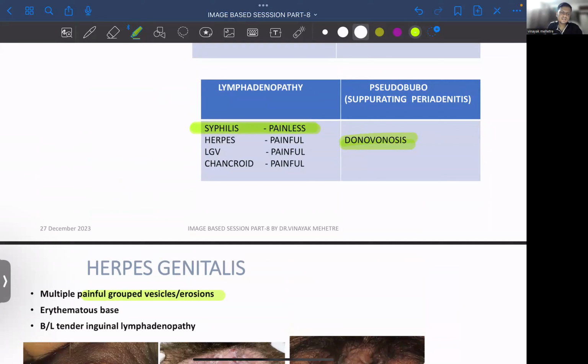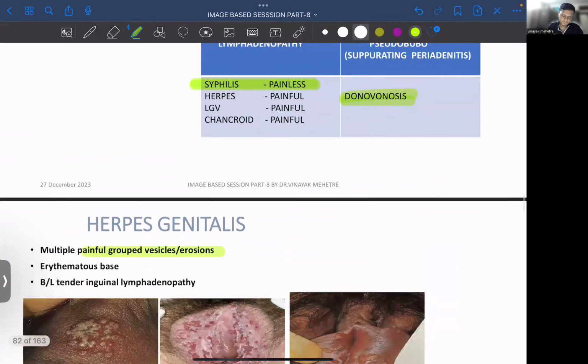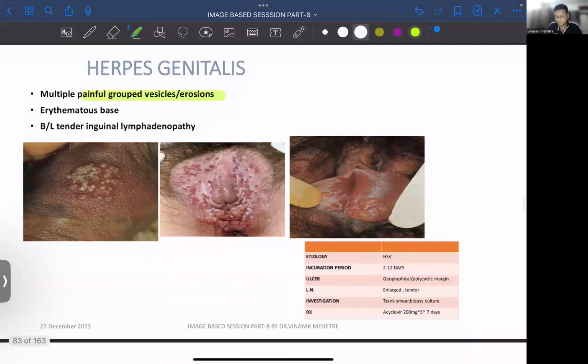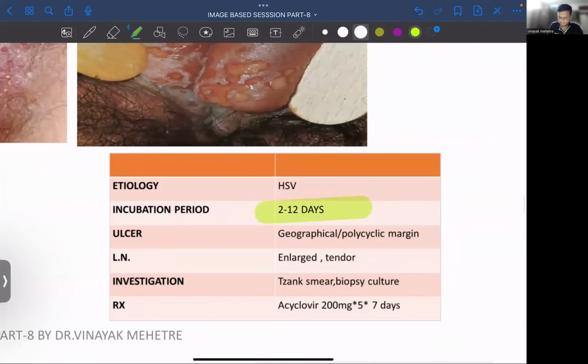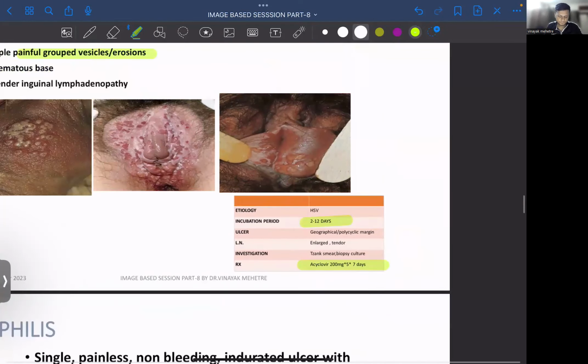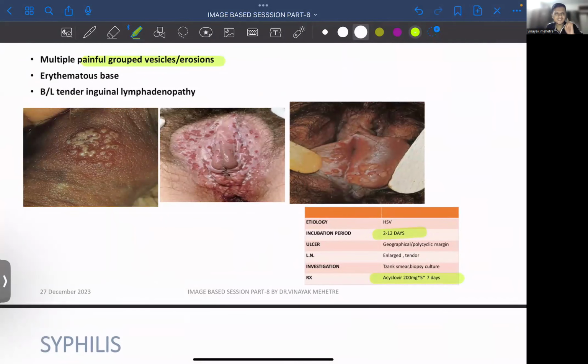The answer is herpes genitalis. Incubation period 2 to 12. What is the treatment? Acyclovir. ठीक है. Herpes genitalis 2 वाला करवाता है ना, right? Herpes simplex 2 ही तो करवाता है genitalis. Upper body 1, lower body 2. क्या हिंट पकड़ना है? Painful vesicles with painful lymphadenopathy. Answer is herpes genitalis.